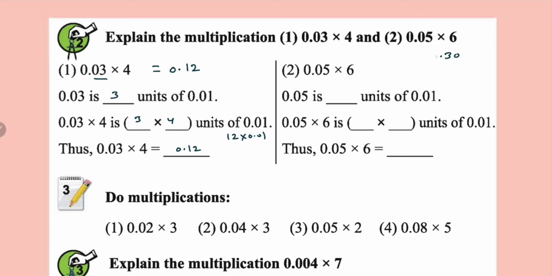Suppose there is a number 4.56. If you keep 0 here, it has no value. You must have known already. This is 10 power 0, this is 10 power 1, right? 10 power 1 into 0 becomes 0. So it has no value in the decimal system.